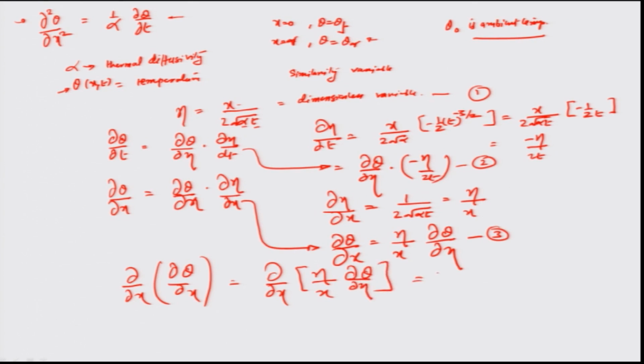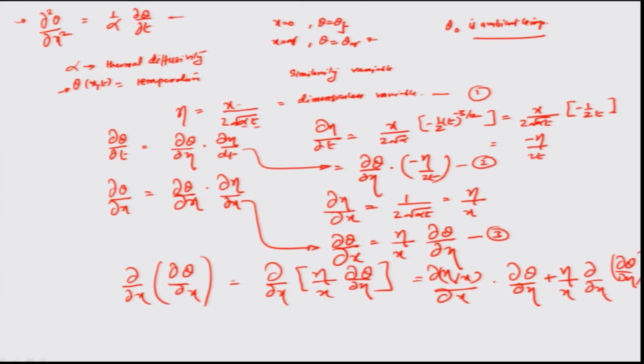So, we have del of eta by x times del x times del theta by del eta, plus eta by x del by del x of del theta by del eta.